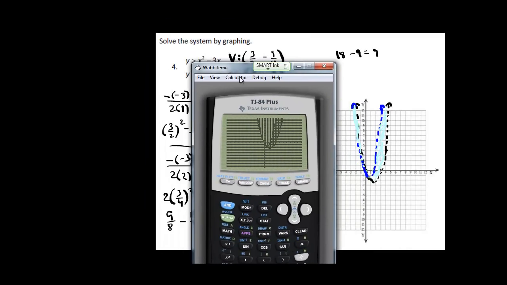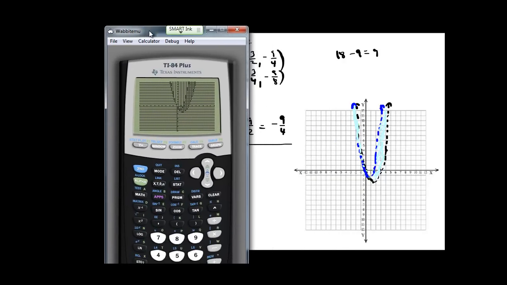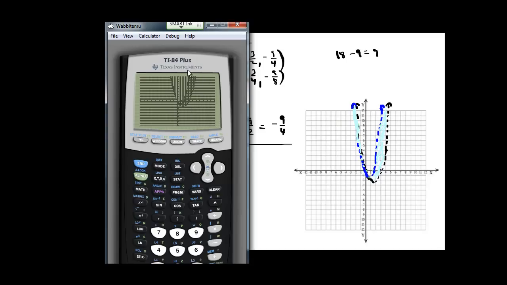So you kind of see that this area here is the main area. We can zoom in over here. Let's do that real quick, just to see if there's anything in between.